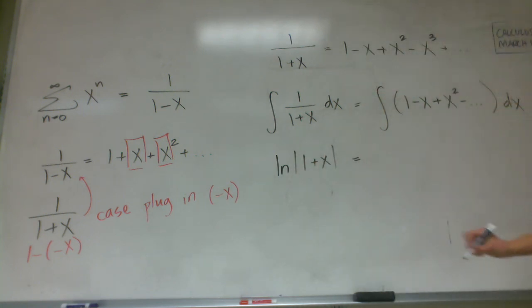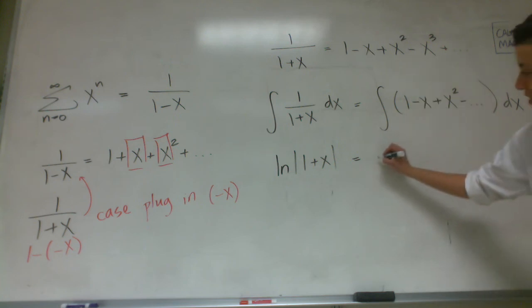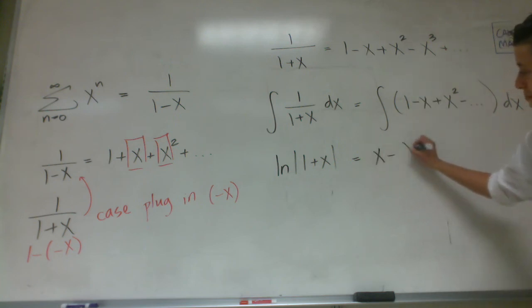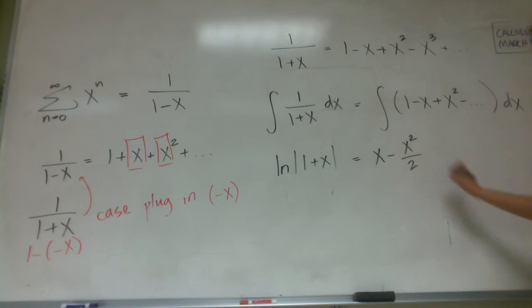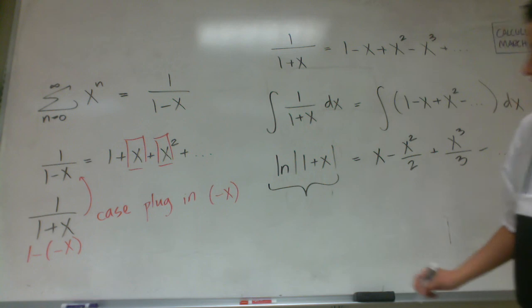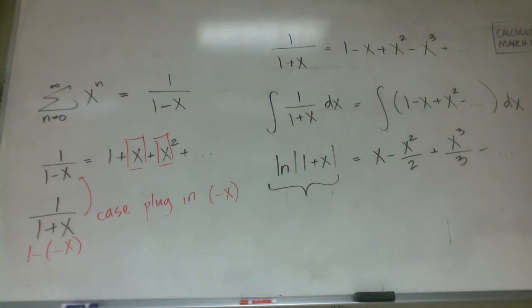So now I'm going to integrate this as x minus x squared over 2 plus x cubed over 3 minus et cetera, et cetera, et cetera. And this now is a new power series that you have for a natural log.